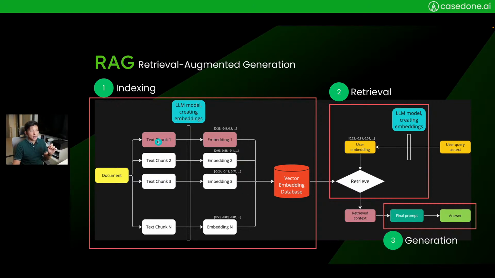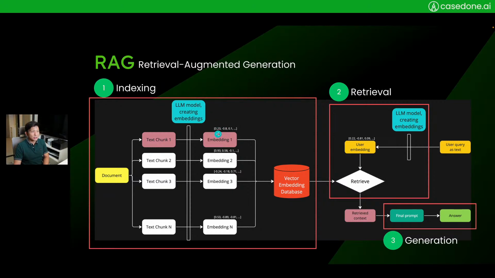Each chunk is then transformed into what we call an embedding. This is done using an LLM that is good for creating embeddings, typically called an embedding model. What is an embedding? An embedding is a vector of values, basically an array of values. I'll give you an example. Text chunk 1 is transformed into embedding 1 using an embedding model.